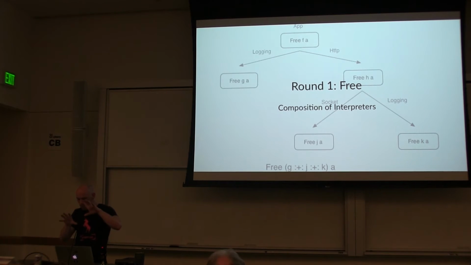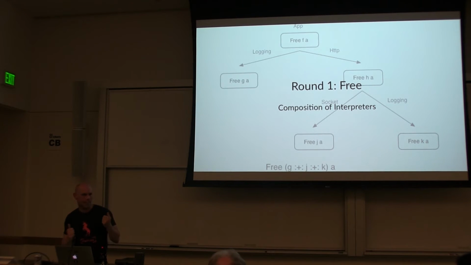And the composition of your final interpreter is a total tree. It's actually not linear. And then you can end up composing all the different leaves of this tree together, collapsing them all together to produce a program in the composition of all your different operational algebras. In this case, it's G and J and K.